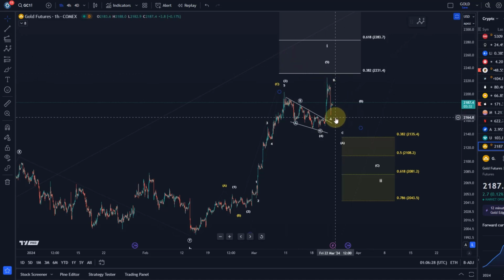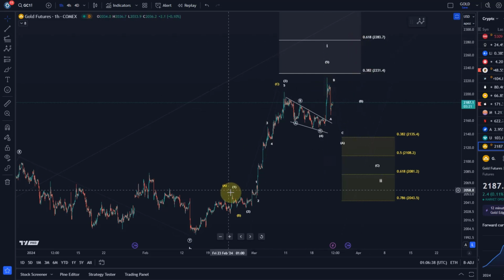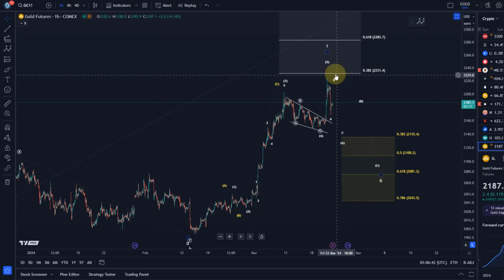However, further direct extensions are still possible in a still unfolding wave 1, and possible upside targets are 2,231 to 2,283. But the minimum expectations here for this move to the upside are definitely complete. So if there is a deep pullback now, then you have some very clear levels to watch.